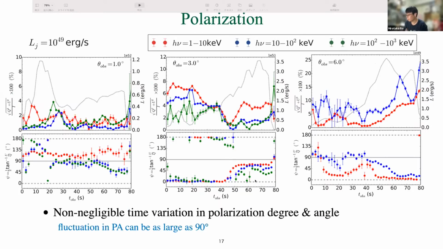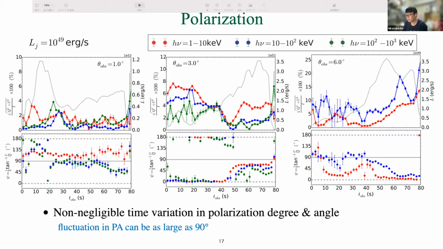Okay, so regarding the temporal behavior, we find a non-negligible change in the polarization degree as well as the polarization angle with time. This plot shows polarization degree as a function of observer time at the given viewing angle at the top, and at the lower part, I'm showing the polarization angle change with the observer time.